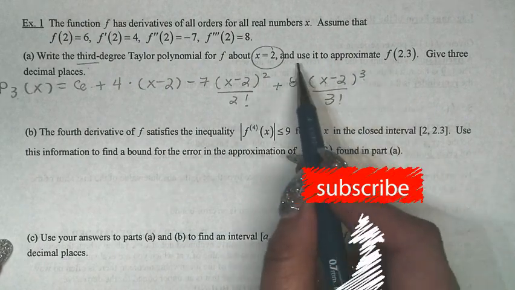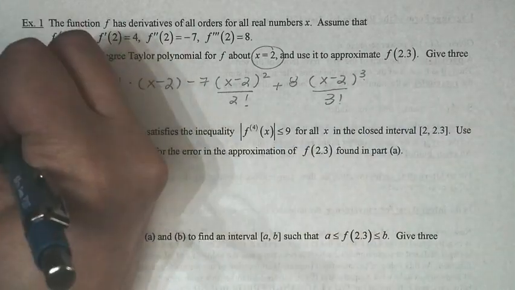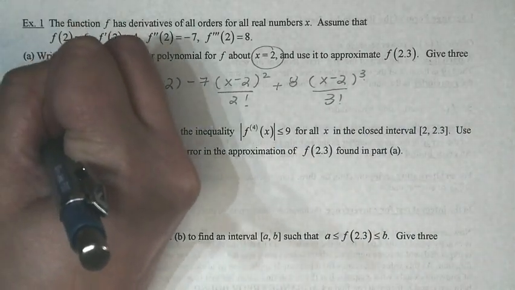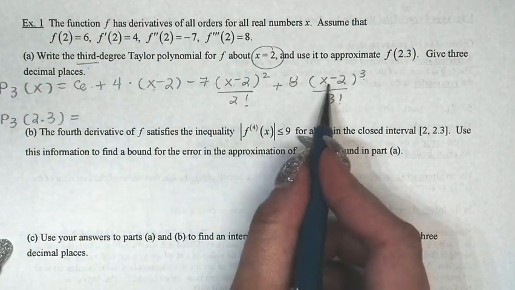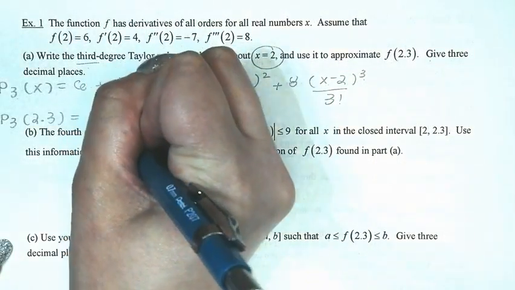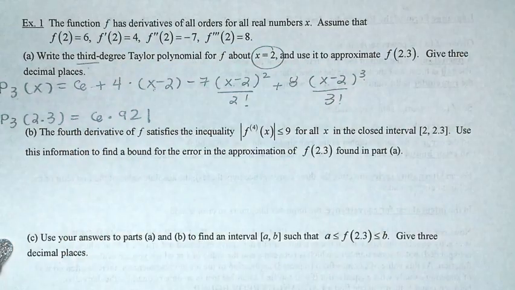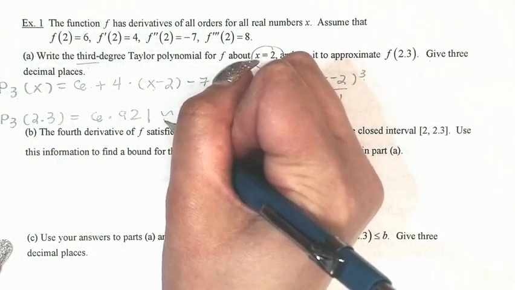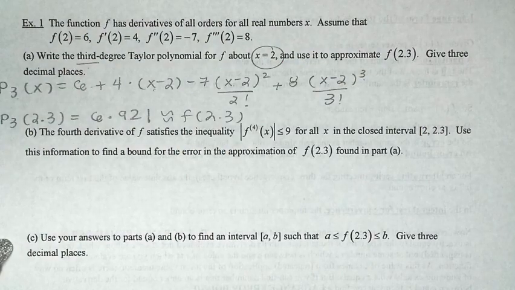They tell you, hey, use it to approximate f of 2.3. So I know that my polynomial of degree 3 evaluated at 2.3, if I plug 2.3 in here, here, and here, the calculator will give me that this is 6.921, okay? So you know that that is an approximation of f of 2.3. It's not exact, okay?